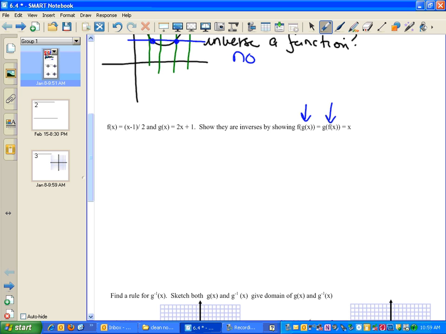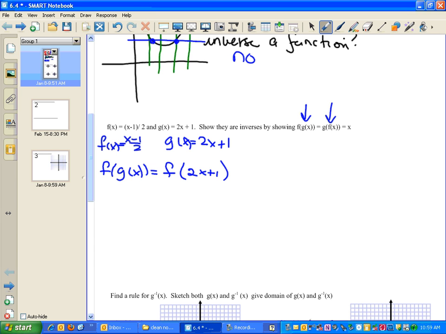Okay. So if f of x is equal to x minus 1 over 2, and g of x is equal to 2x plus 1, if I do f at g of x, that means in my f function I'm putting in 2x plus 1. Does that make sense?